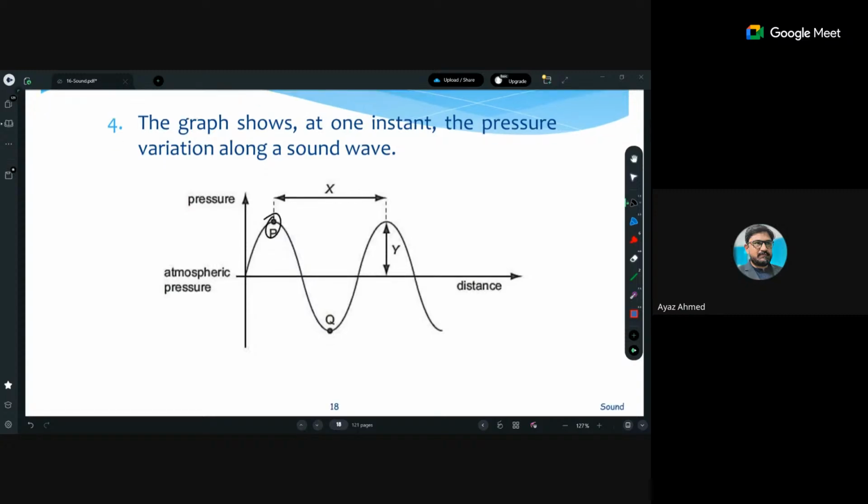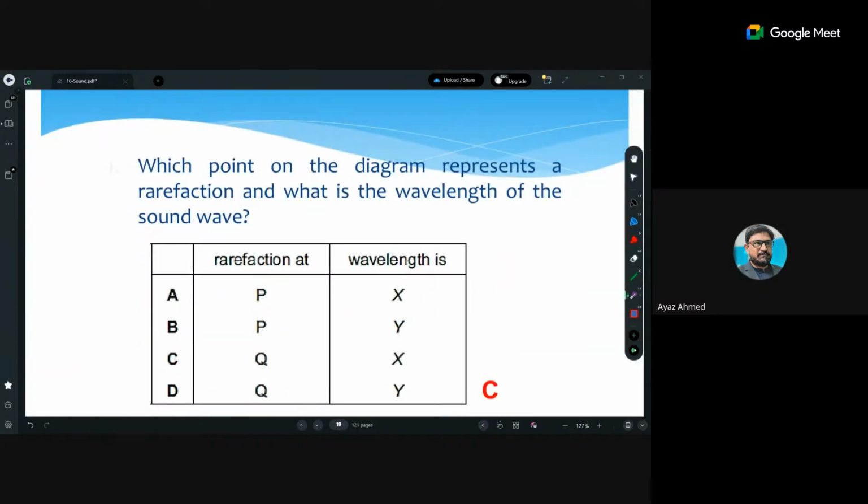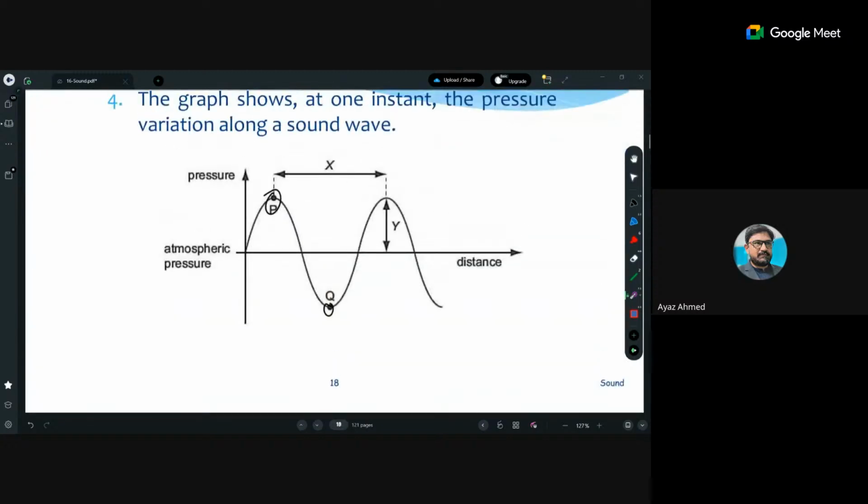Point P is here, point Q is here, and X is given. The question is which point on the diagram represents the rarefaction, and what is the wavelength of the sound. Rarefaction is this point Q, and wavelength is X. Is this clear to all?